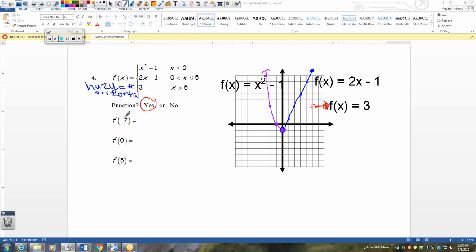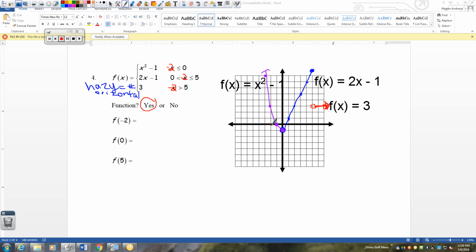F of negative 2. So again, we're going to put this negative 2 in place of all of the x's here, and we're going to find the one that it's true for. So negative 2, is that greater than 5? Well, no. Is negative 2 in between 0 and 5? No. Is negative 2 less than or equal to 0? Well, yes.